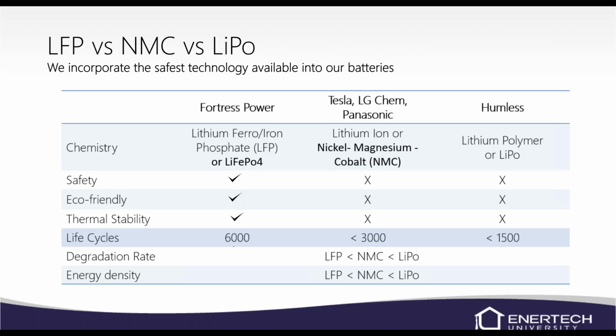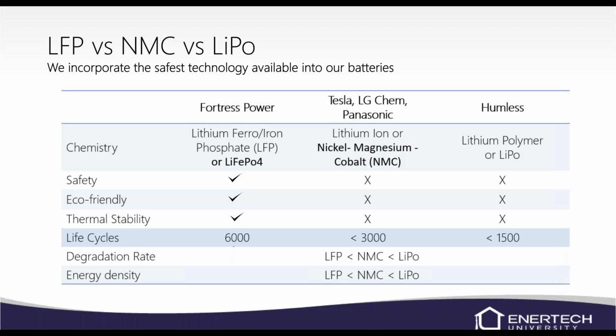Battery technology comparison. So the Fortress Power, again, it's a lithium iron phosphate battery, which is a lot safer than the lithium ion or the nickel manganese cobalt or the lithium polymer, the LiPo. They're eco-friendly. They do have good thermal stability.